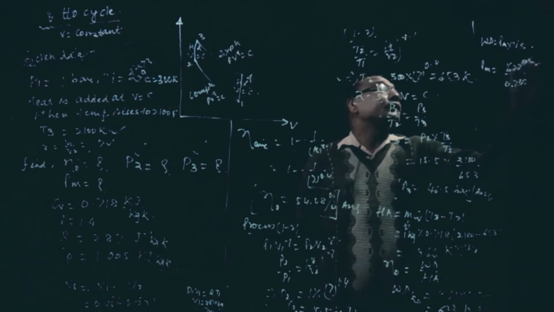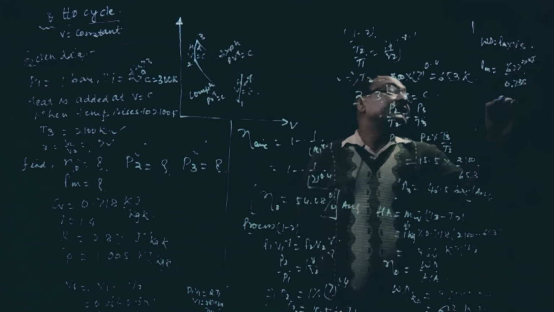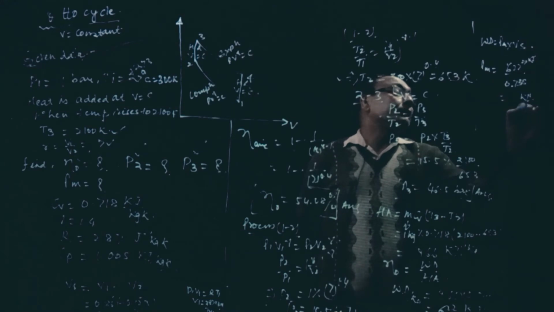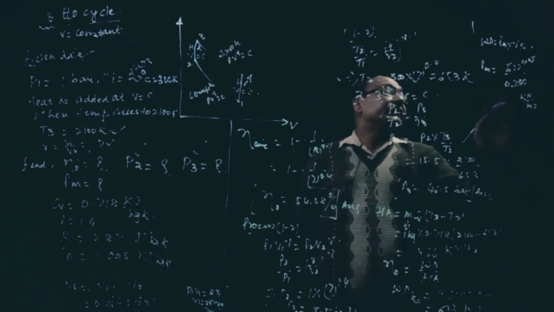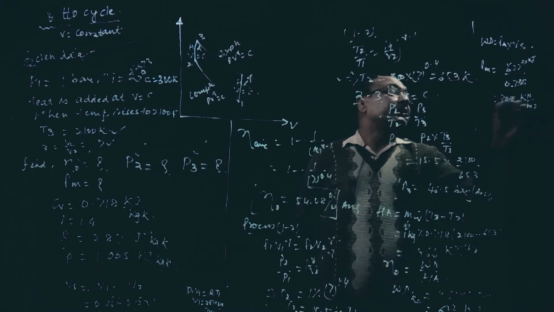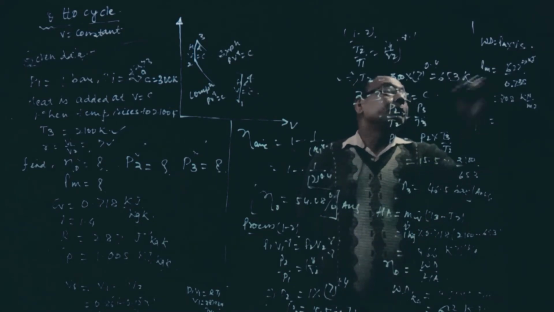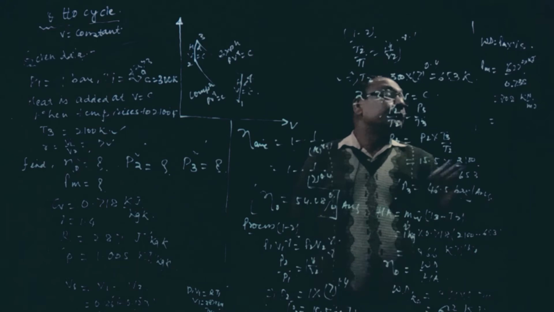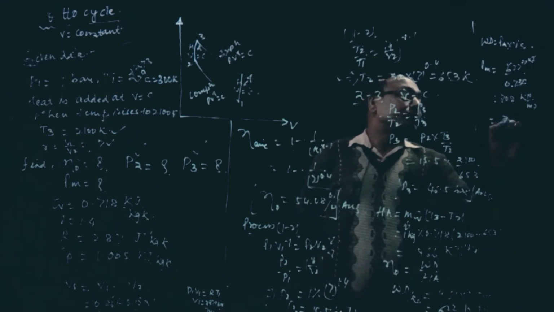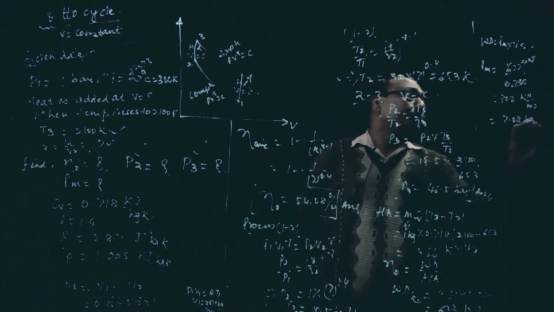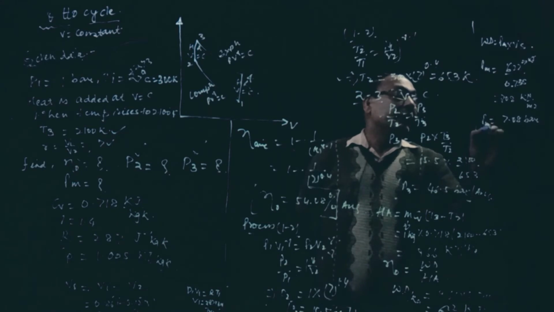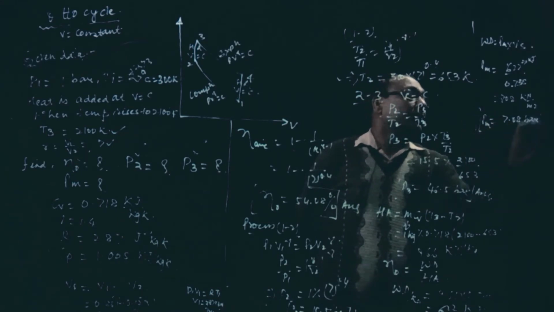Since this is in kilojoule, the pressure will be in kilonewton per meter square, kilopascal. So it is 708 kilonewton per meter square, but pressure is expressed in bar, so it will be 7.08 bar, the mean effective pressure. Okay, so these are the parts of your answer.